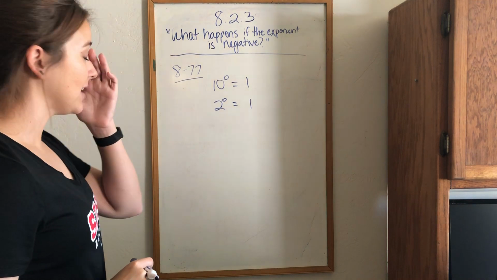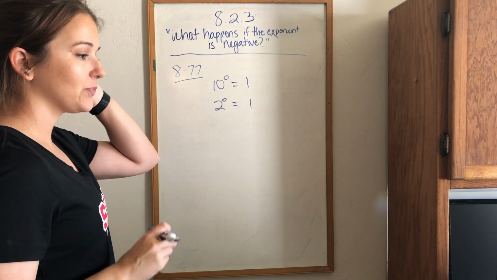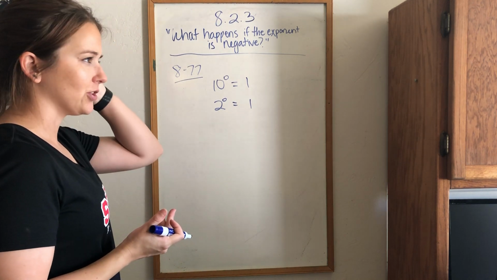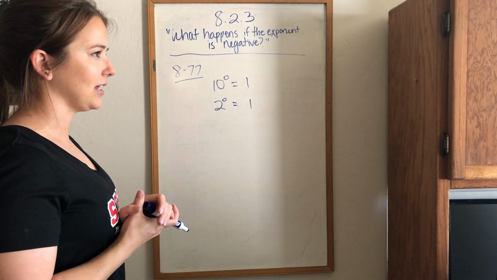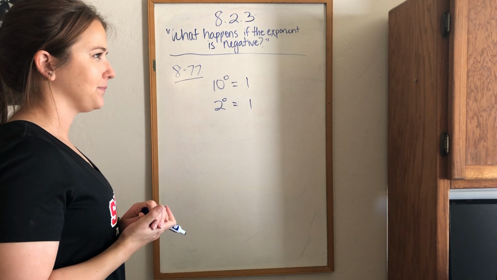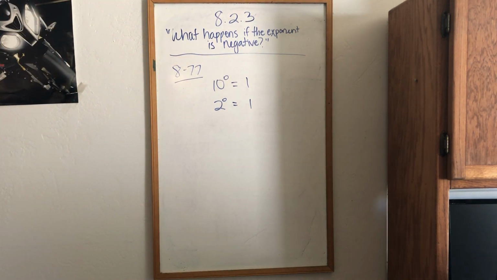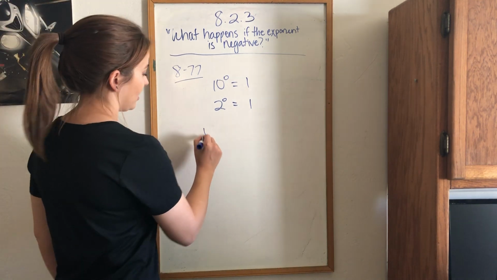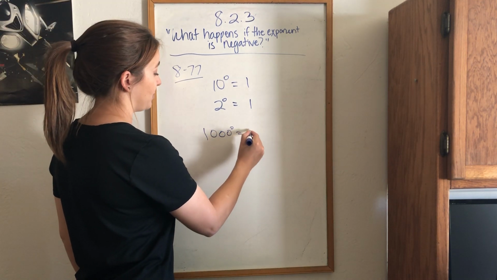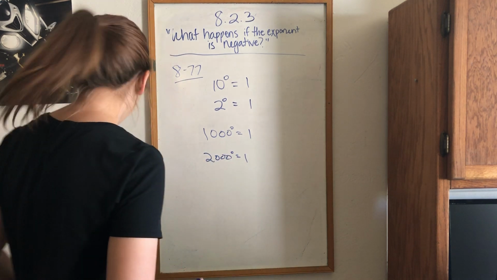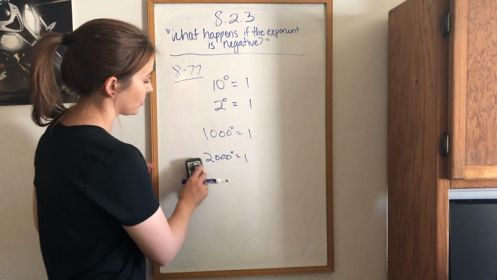I'm going to say that yes, any number to the 0 power would equal 1, because you're basically dividing the number by itself, as you saw in the patterns that we did. So yes, even like 1,000 to the 0 power would be 1. 2,000 to the 0 power would be 1. No matter what number to the 0 power, it's going to be 1.